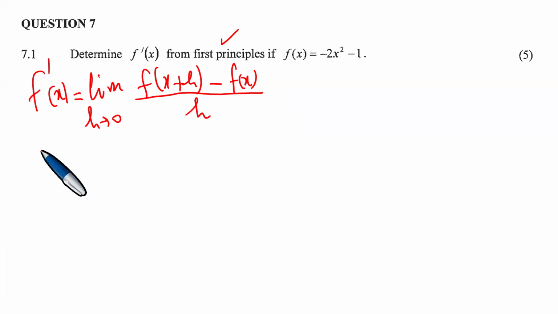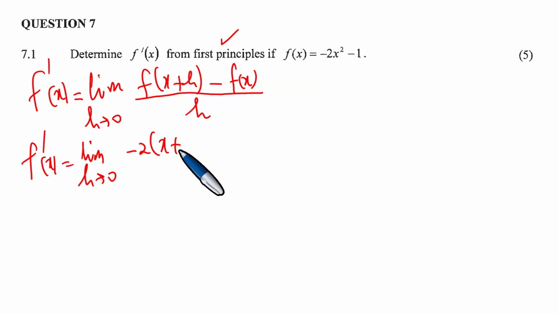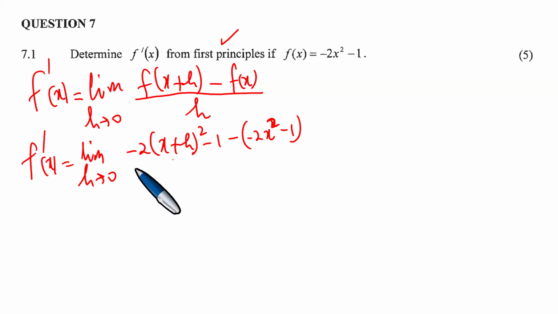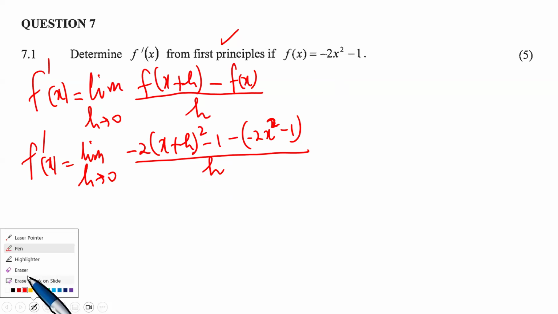That is the formula. So we proceed to say f prime of x becomes the limit as h approaches 0 of f at x plus h. Now, if f of x is -2x squared minus 1, f at x plus h is -2 open bracket x plus h squared close bracket minus 1, minus open bracket f of x, which is -2x squared minus 1, close bracket, and this is divided by h.